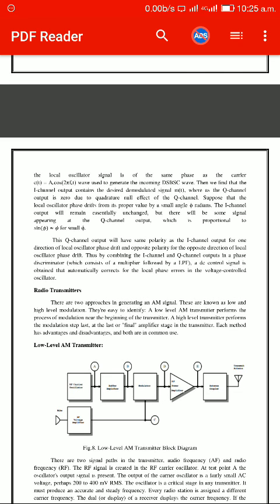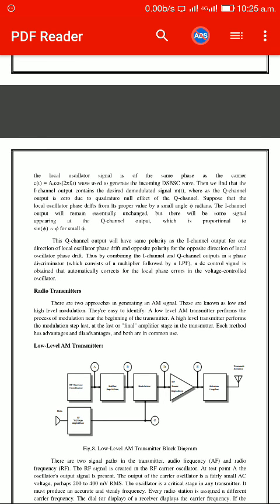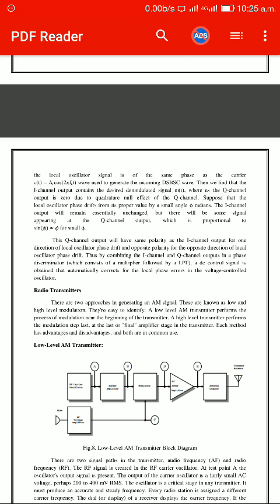What about the Q channel? The signal appearing at the Q channel is proportional to the phase error. If there is any change in phase, it affects only the Q channel, and it is totally independent of the I channel.